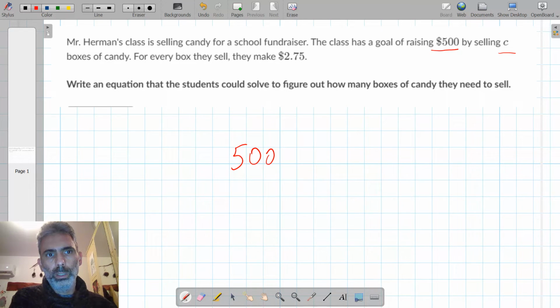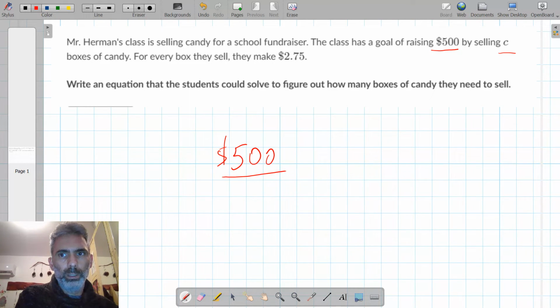Write an equation that the students could solve to figure out how many boxes of candy they need to sell. So this is the total amount of dollars they wish to make, and each box they sell, they earn 2.75.